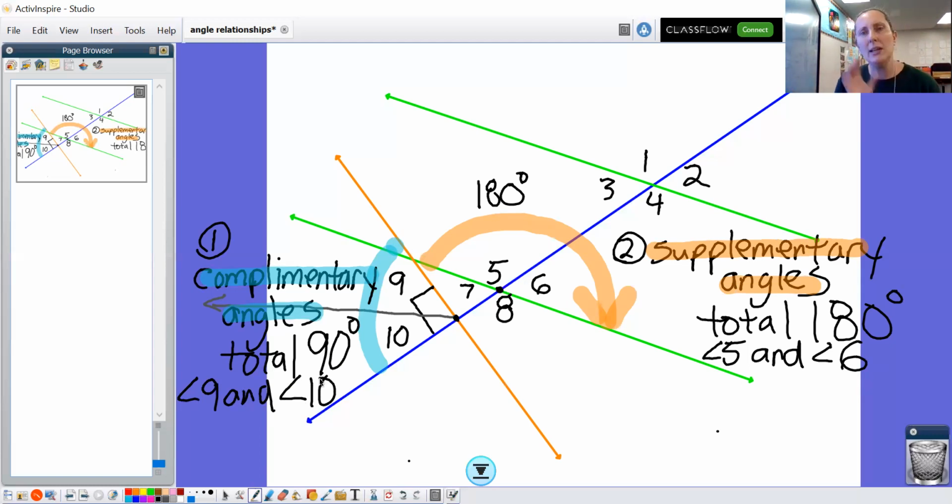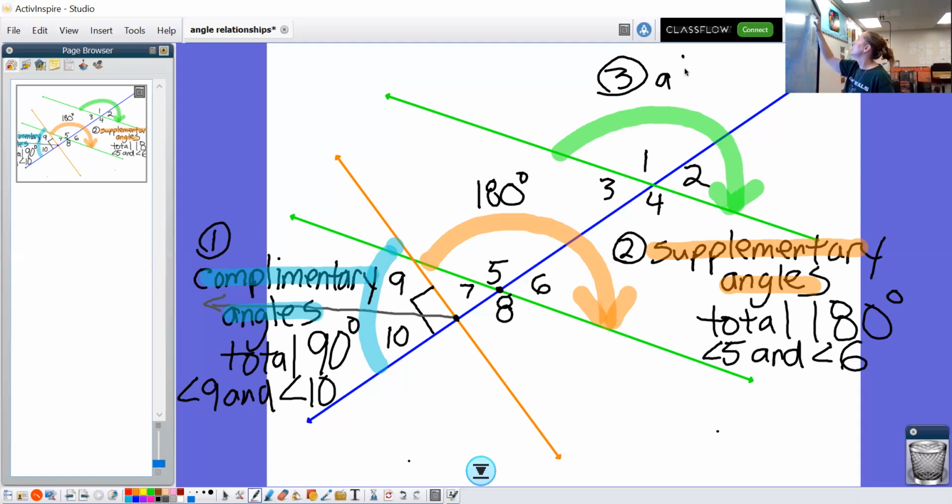Okay, when angles are supplementary, they form what's called a linear pair. And angles 1 and angle 2 do that. You see how that green line, that's a straight line, and angle 1 and angle 2 are next to each other. So another word for supplementary angles is a linear pair.